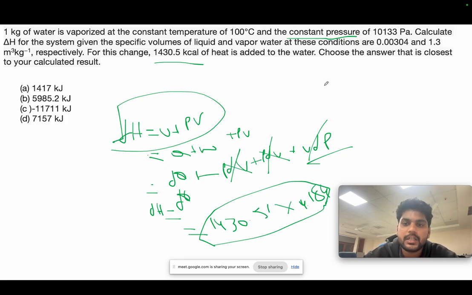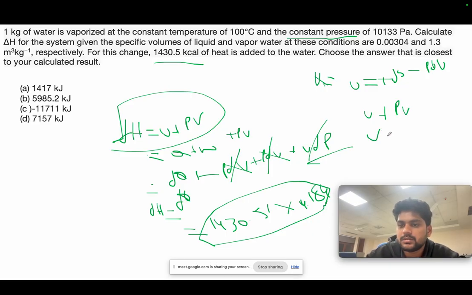Basically, if you take any equation, you need to go to the basic one, which we derived from these things. We have this equation, right? If you remember, initially we have dU equals TdS minus PdV. If you have this equation, the enthalpy will be U plus PV.